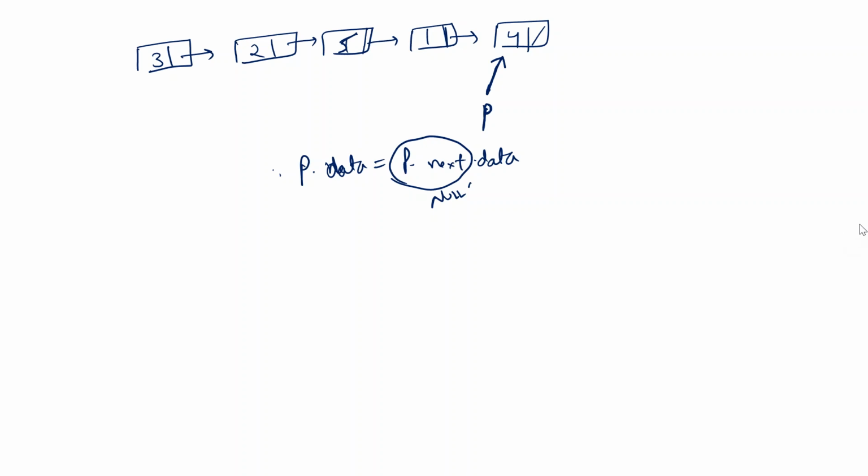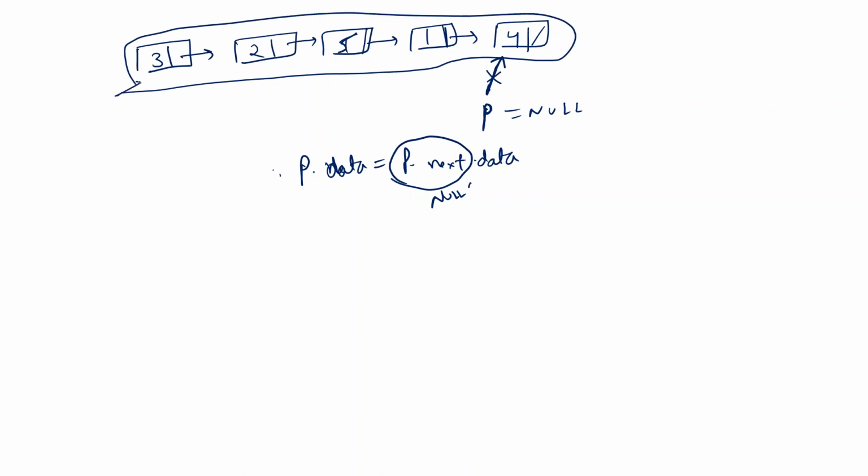Oh, you cannot do p is equal to null, because that will basically mean you are changing this pointer and making it null, but even then, your linked list is intact. So you cannot do p is equal to null.